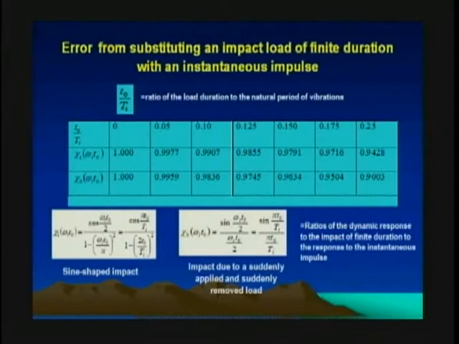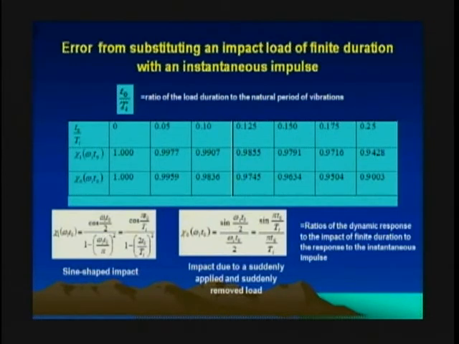If it's lower than, let's say, 1/8 of the period, as you see here, the error will be just less than 2% in the case of a sinusoidal impulse, and about 2.5% in the case of a suddenly applied and suddenly removed load. So for any other load it will be pretty much the same, a couple of percent, who cares?